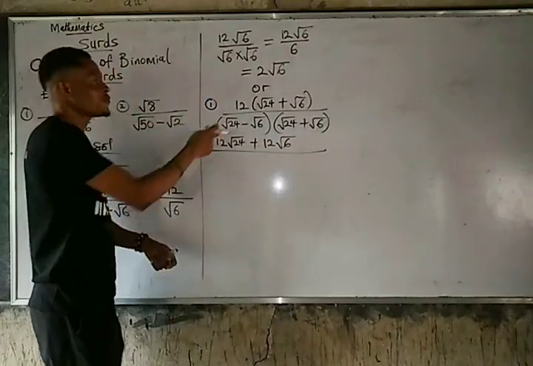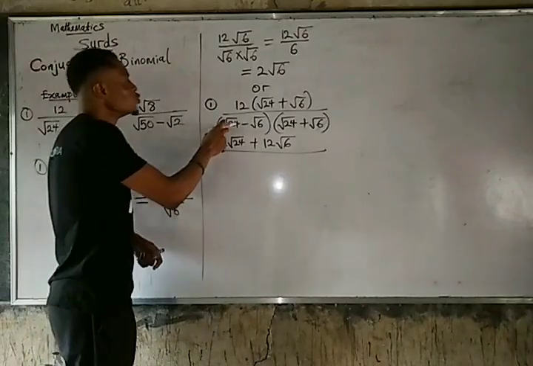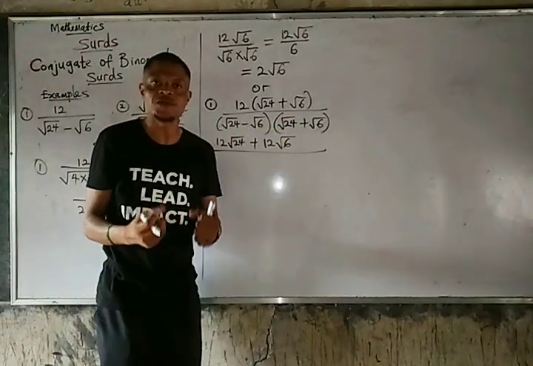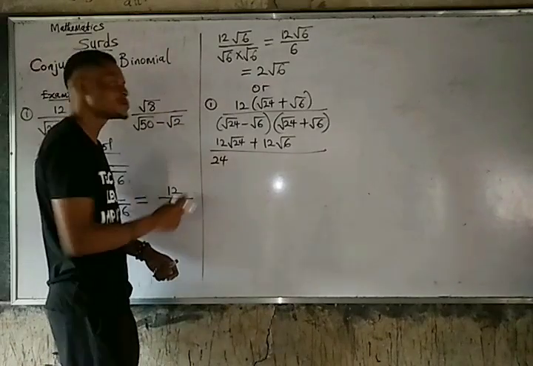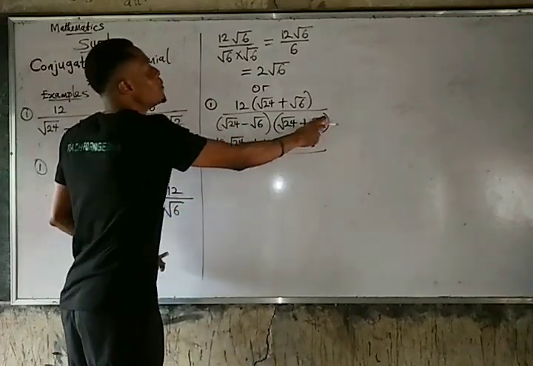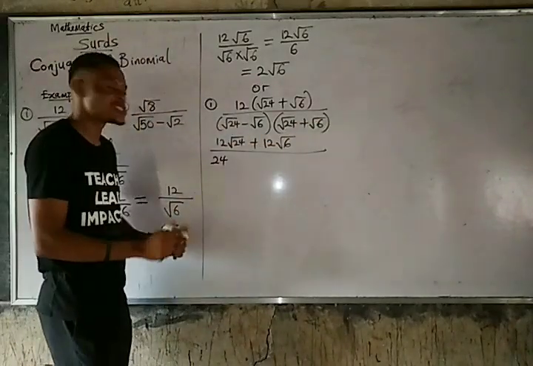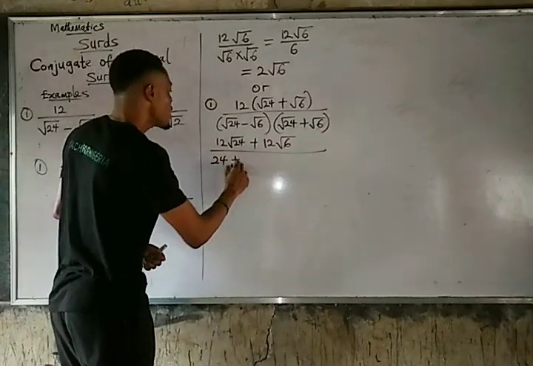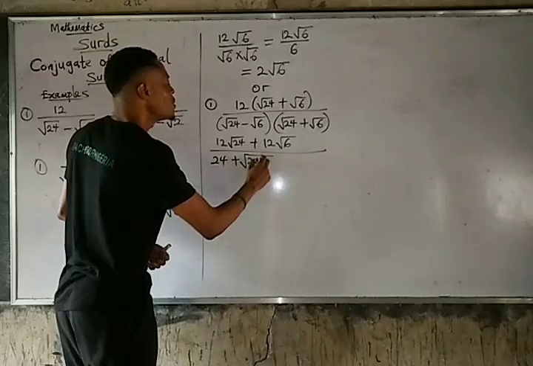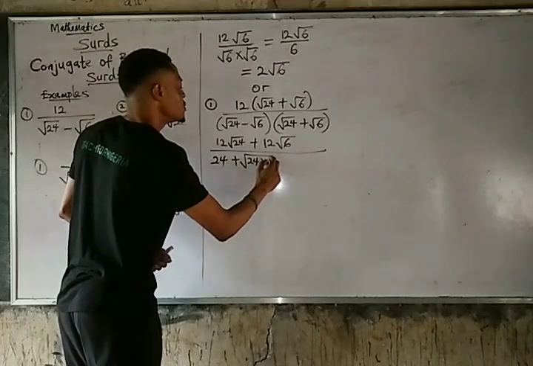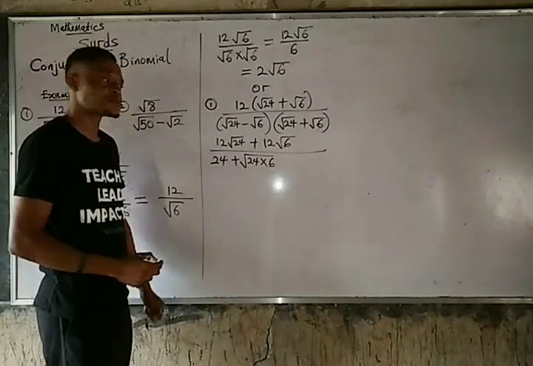Then we have for the denominator position. Root 24 multiplied by root 24 will give us 24. Instantly, we have 24. Root 24 multiplied by root 6, I can say we have plus root 24 multiplied by 6.